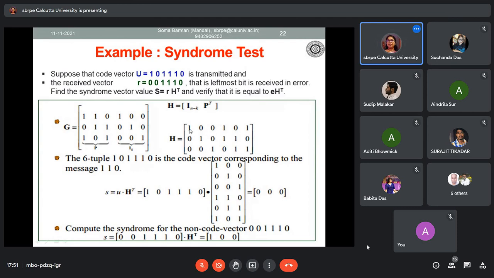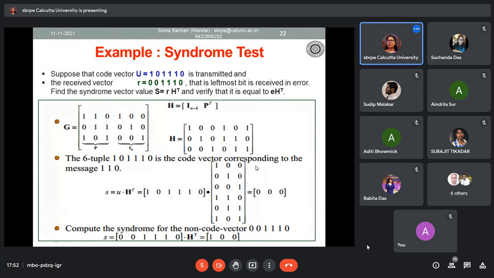So the I matrix is 1 0 0, 0 1 0, with only the diagonal elements, and P transpose means 1 0 1, next is 1 1 1, next is 1 1 0, and the third one is 0 1 1.